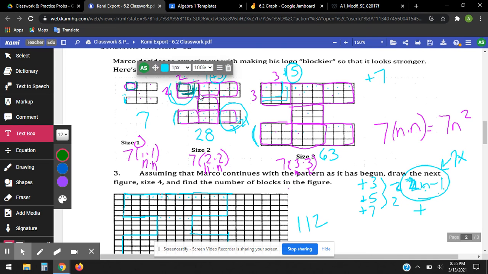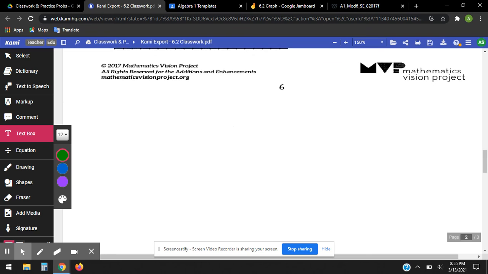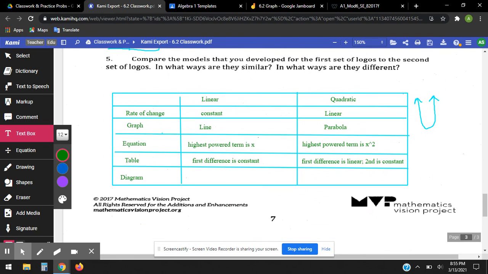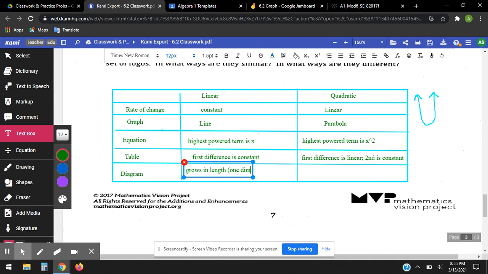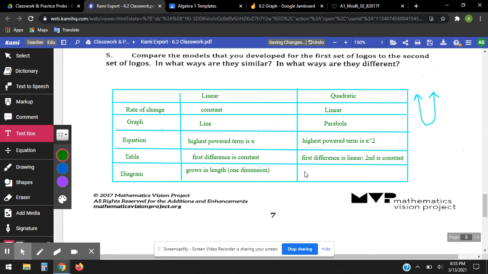Here we're doubling. We've got two down now, and we're growing out this way. So there's more than one thing going on here. So this one grows in length or one dimension. You just kind of went one direction with it.